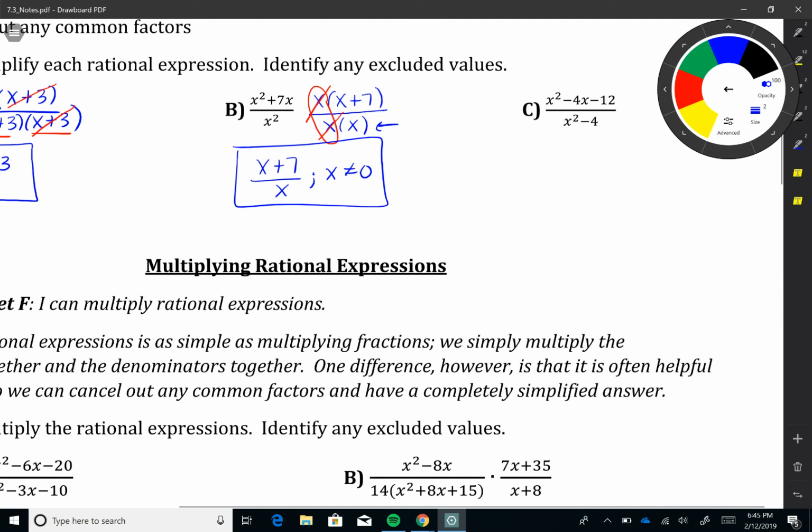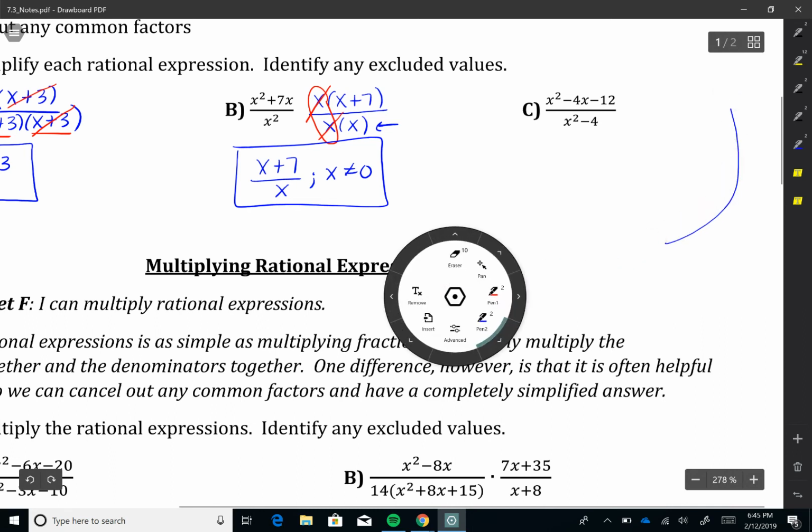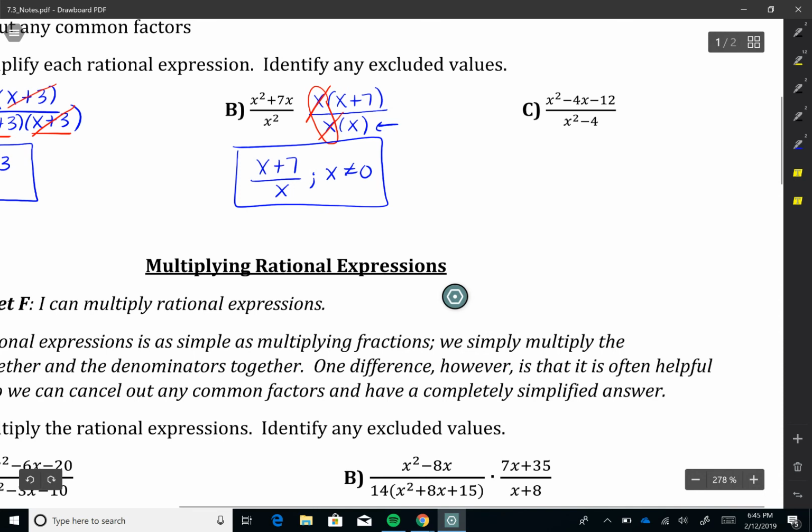Finally, I have x squared minus 4x minus 12 over x squared minus 4. I'm going to start by factoring the numerator. For this trinomial, what factors of negative 12 will give us, when we combine them, negative 4? That would be a negative 6 and a positive 2.